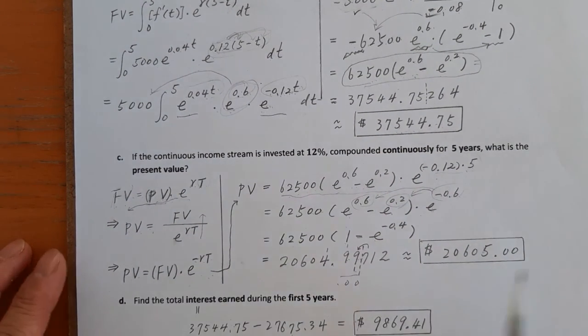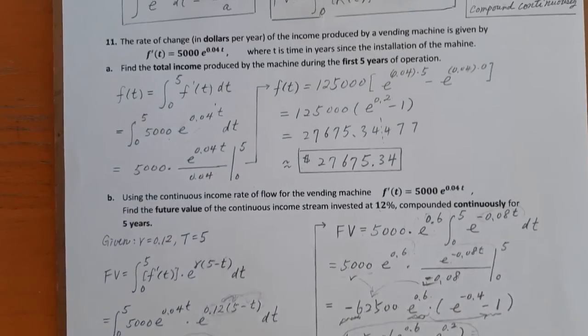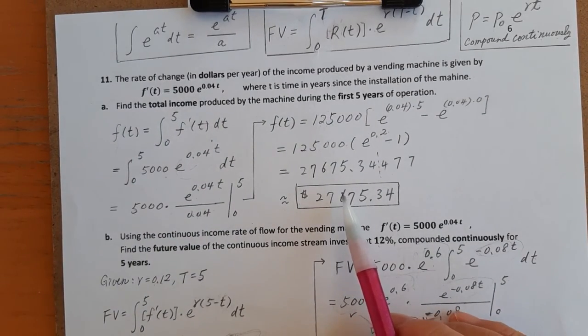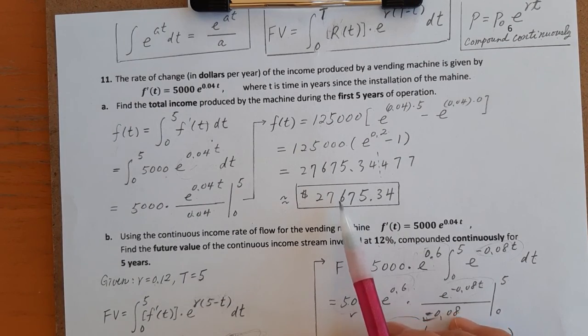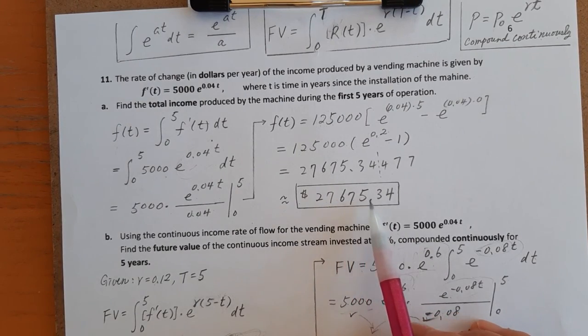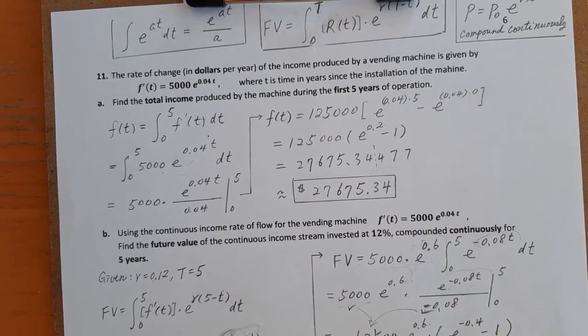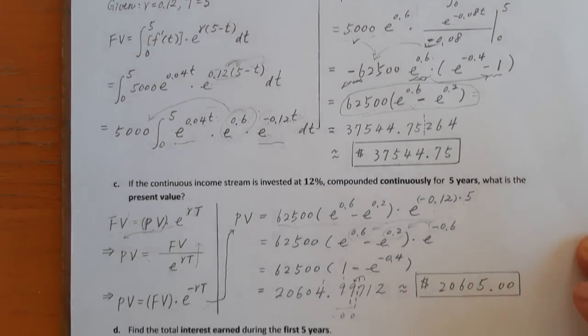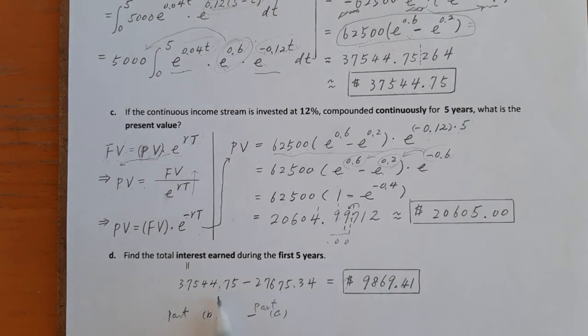Then you minus the total income you deposited, which is 27675.34, which you figured out in part A. So part B minus part A, subtraction. This is the interest earned in the first 5 years.